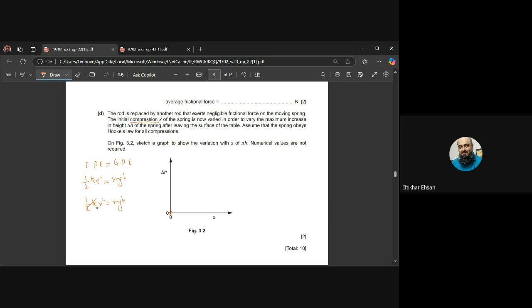If we remove all the constants, there is a relation of x square proportional to h. And beta, when there is a square relation, it is curved like that, an upward curve. As we know, y is proportional to x square, and h is on the y axis. We have a graph like that. The answer is this.